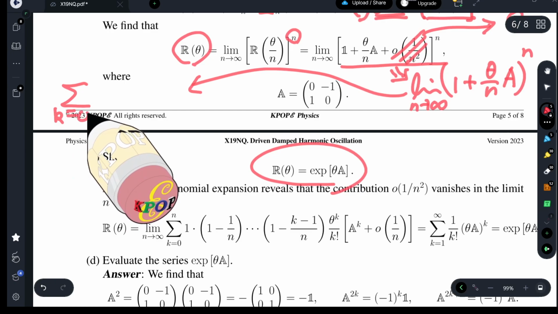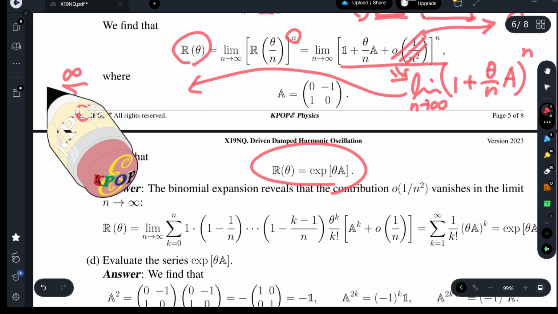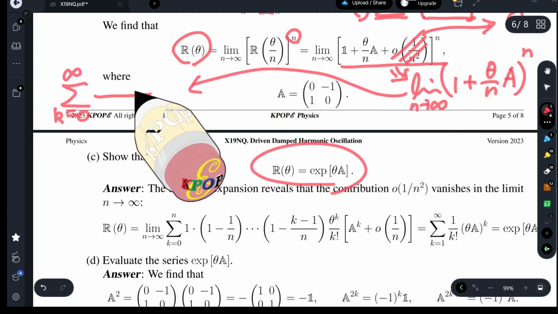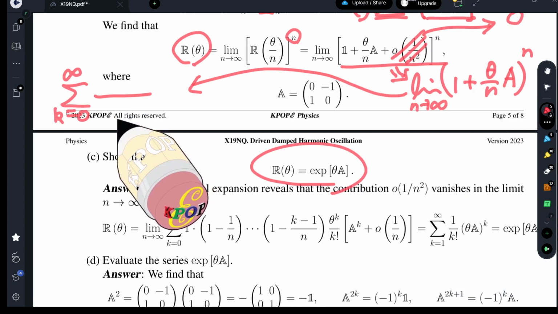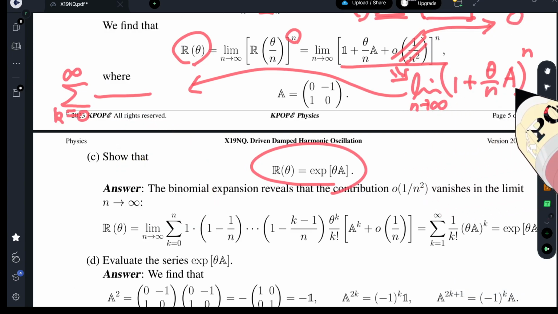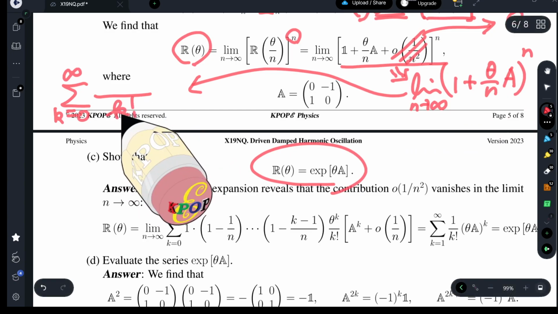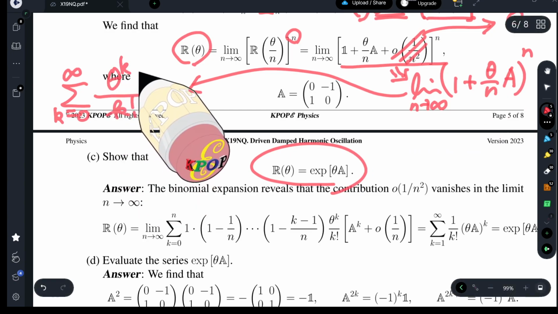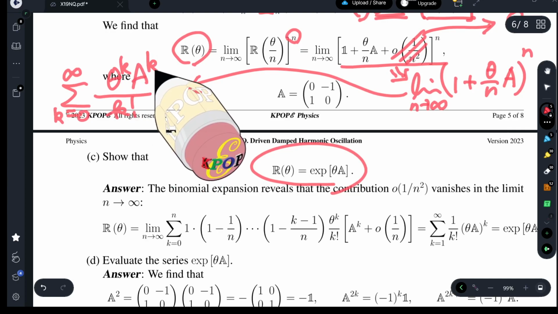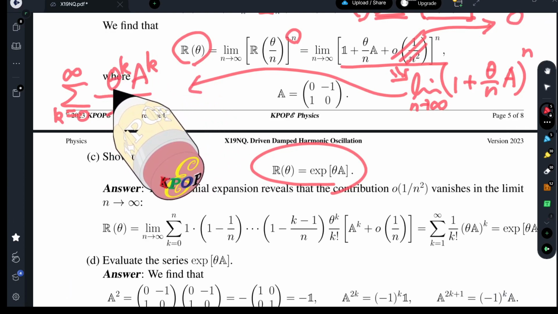However, we do know how to find the power series expansion of theta A for this matrix. So that is the sum over k of theta to the k A to the k over k factorial. So A is a matrix, and theta is a real number representing an angle.